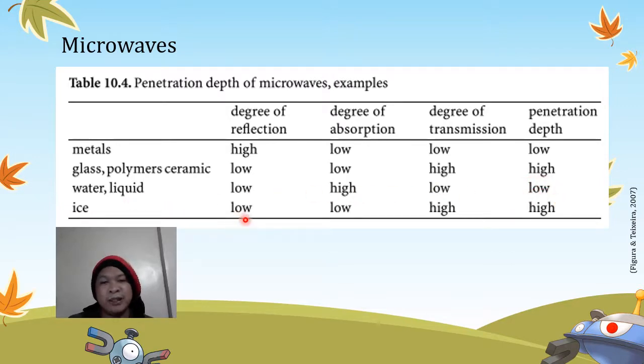And lastly, for ice, so you have low degree of absorption because hindi naman makaka-orient yung molecules mo kung solid siya. And therefore, medyo transparent sa microwave transmission yung ice.